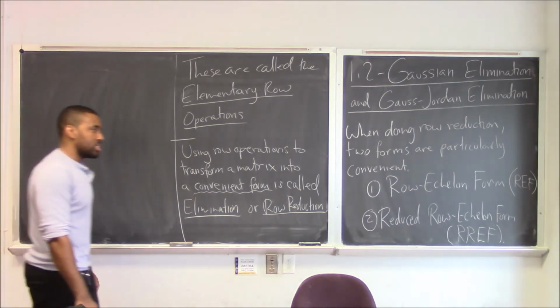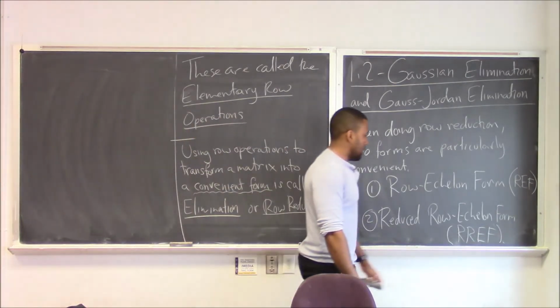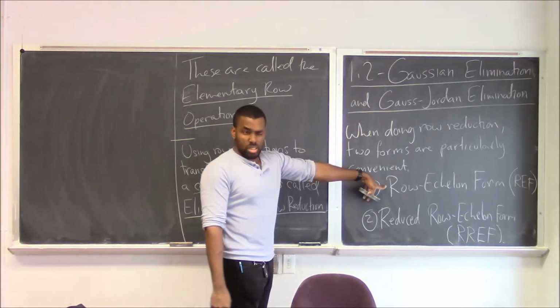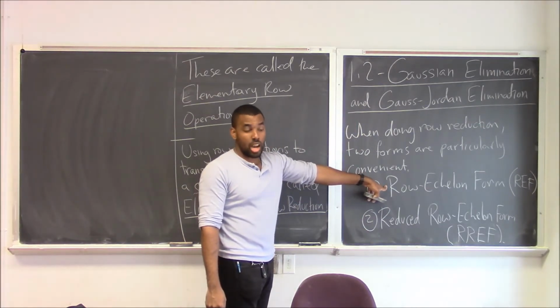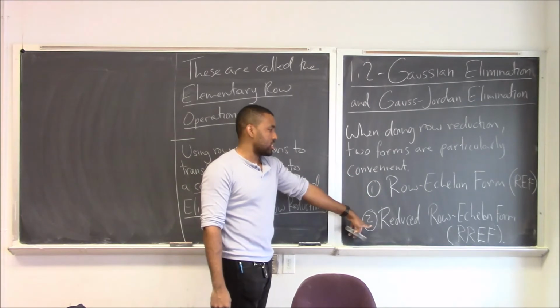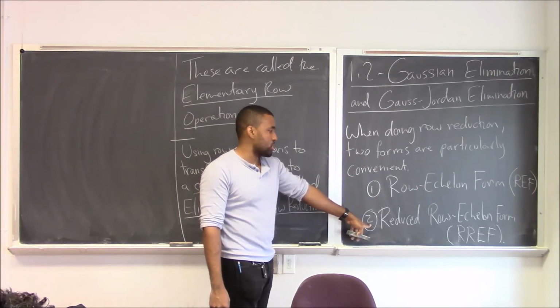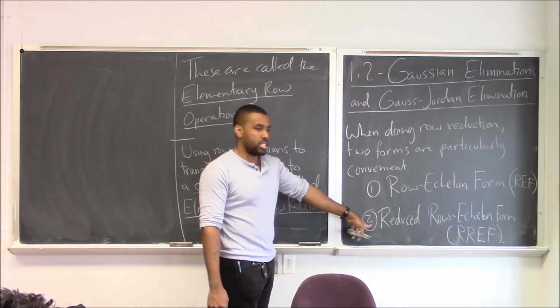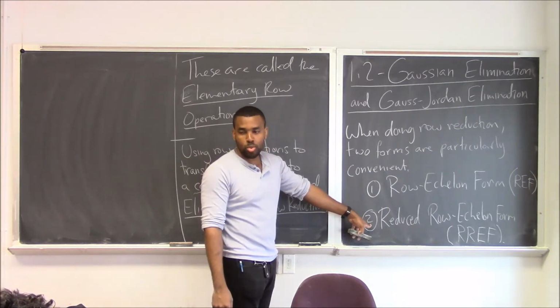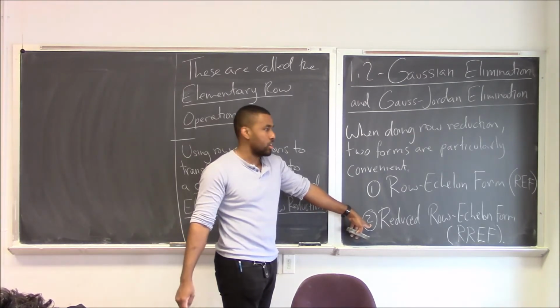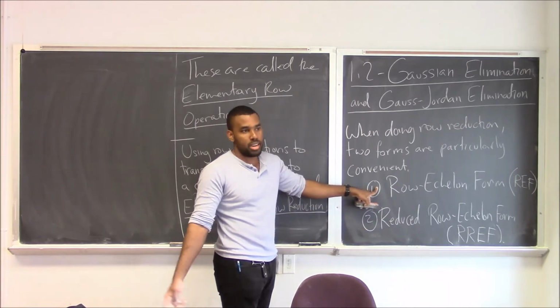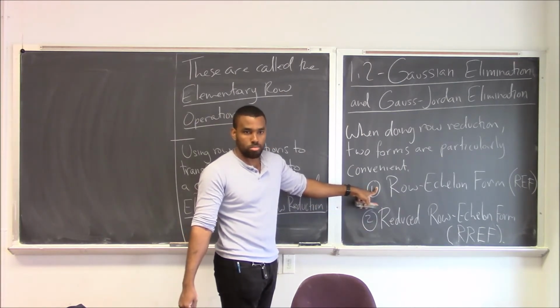When it comes to solving a system, either form is okay. However, the row echelon form, it turns out, is not unique. While the reduced row echelon form is a unique form, like any system that you bring to reduced row echelon form, no matter what steps you take in what order, everyone would end up with the exact same looking answer. Whereas with this one, you might have different looking answers, but they're all equivalent.